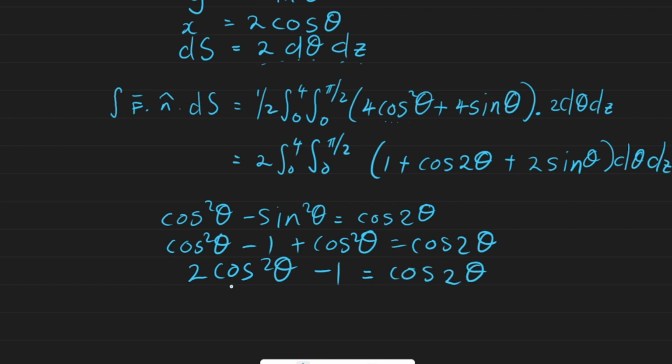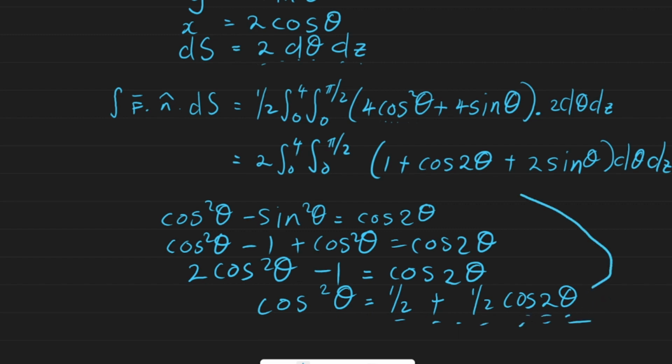So we just solve for cos squared theta. So this is a square, not a 2. Cos squared theta is equal to, dividing everything by 2, half plus half cos 2 theta. So we've essentially substituted this into here.